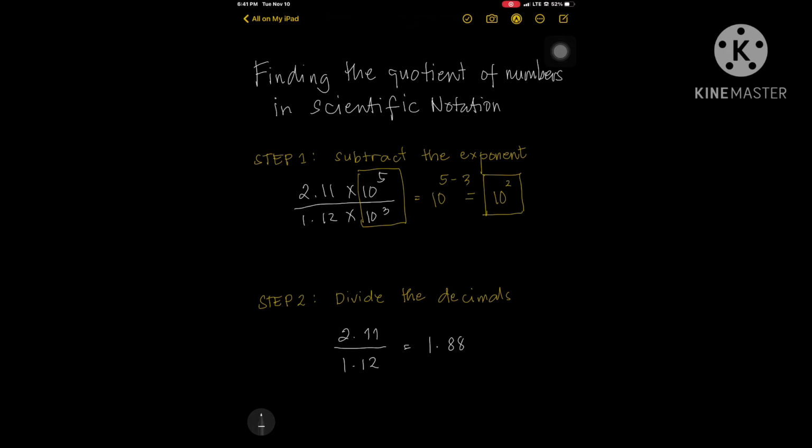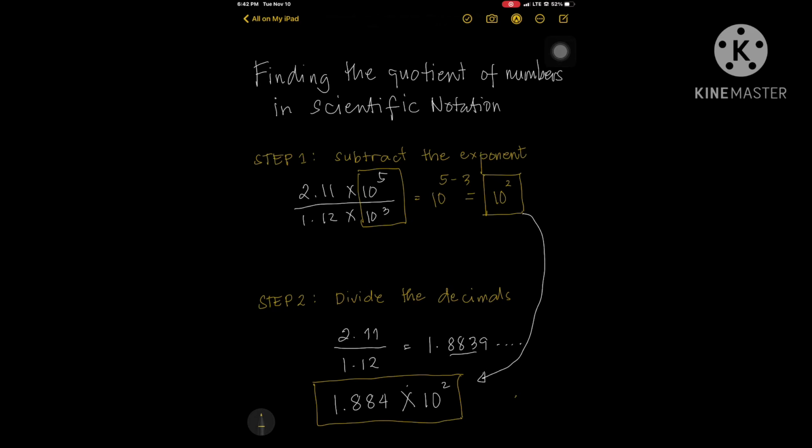It's 1.8839, and so on and so forth, because it continues infinitely. So let's get the three digits, 1.883. But as you can see, the 9 beside 3 is 9, so we can round the 3 off to 4. So times 10 to the second, which we did in step 1. And that is our final answer, 1.884 times 10 to the second.